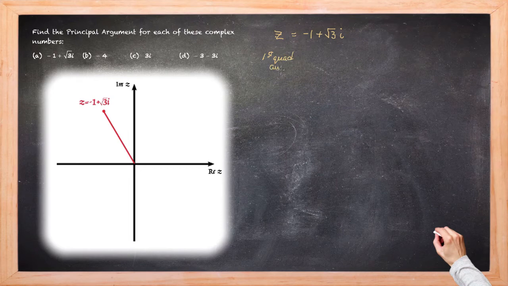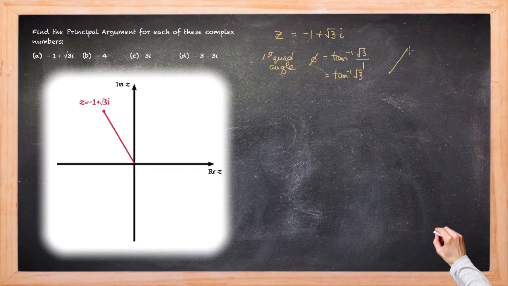So the first task is to find what the first quadrant angle is. And remember, that's given by the angle whose tan is the imaginary part, made positive if needed, and divided by the real part made positive, and that would be +1. So we're looking at the angle whose tangent is root 3.